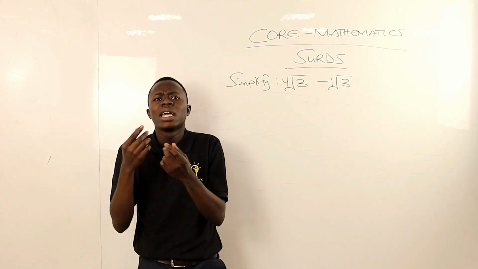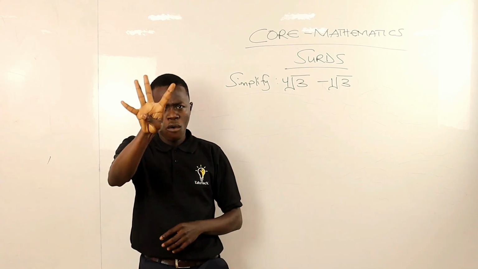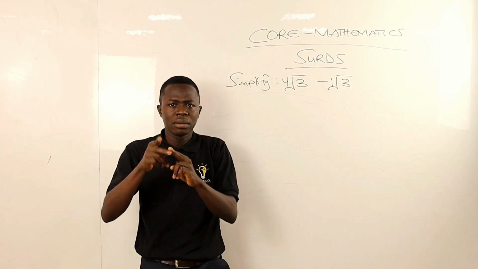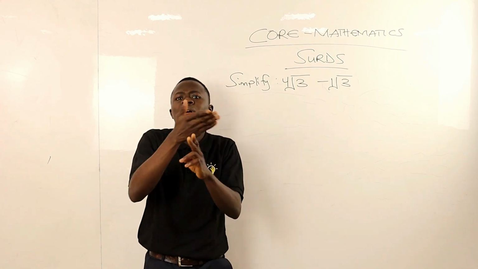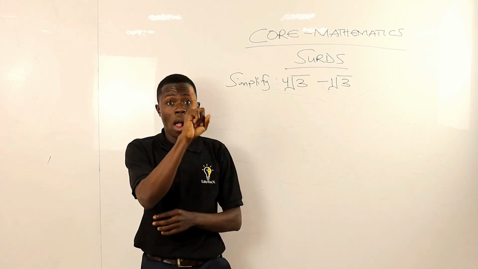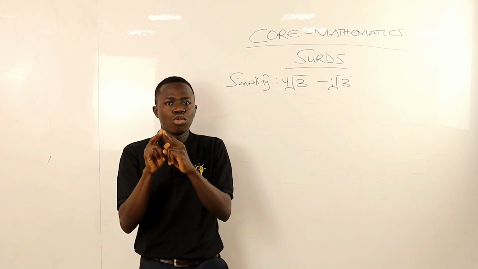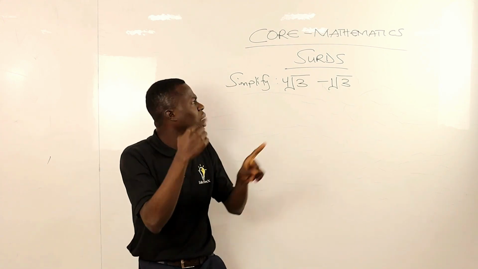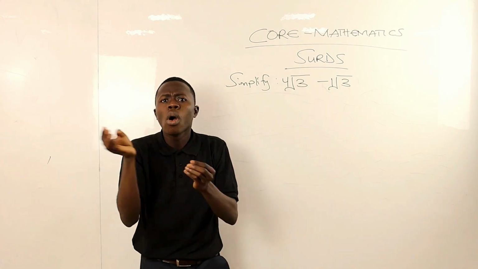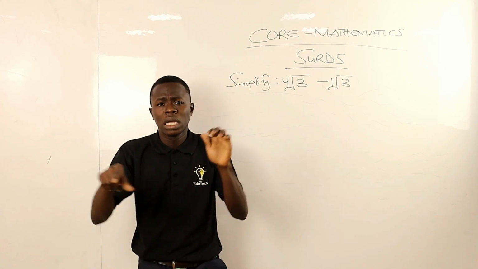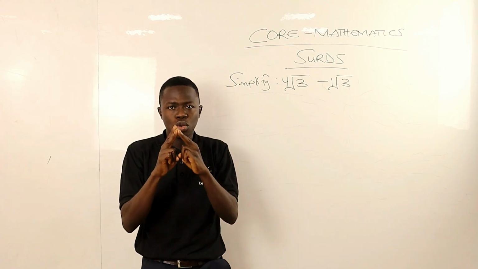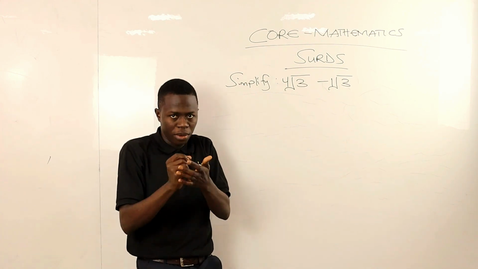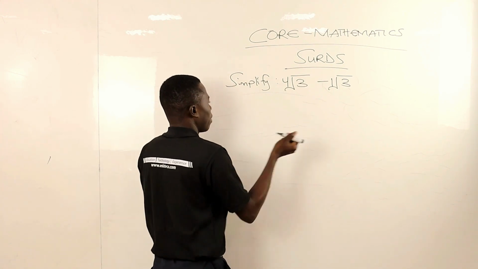So in this particular question, the number in front in the first term is 4, right? Then the number of the other term outside the square root sign is 1. So what do we do? We add or subtract them. In this particular question, it is subtraction, so we subtract 1 from 4. So we are going to end up having 4 minus 1.